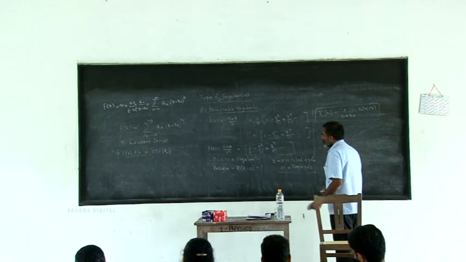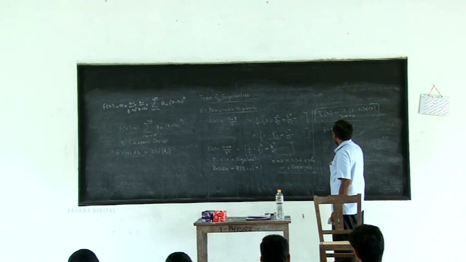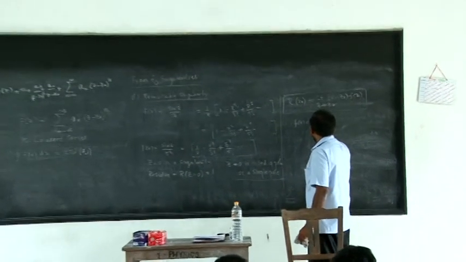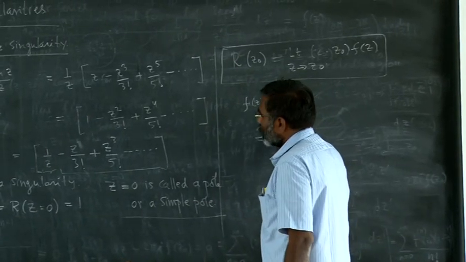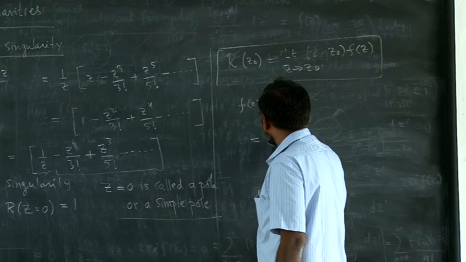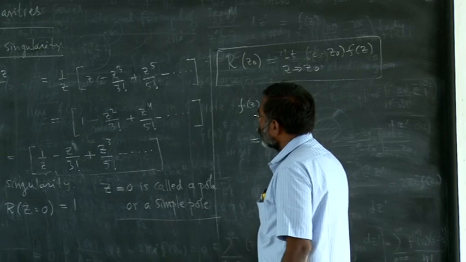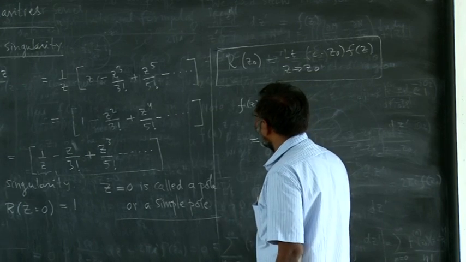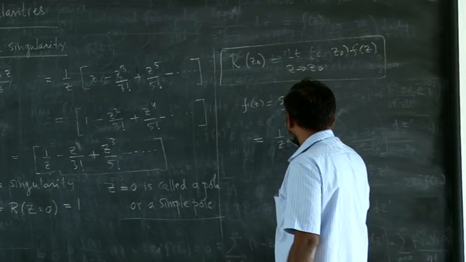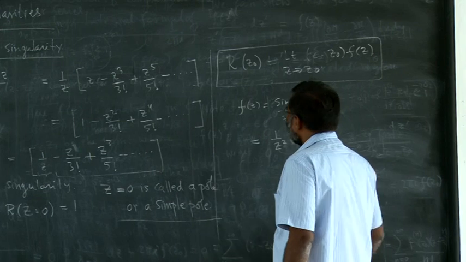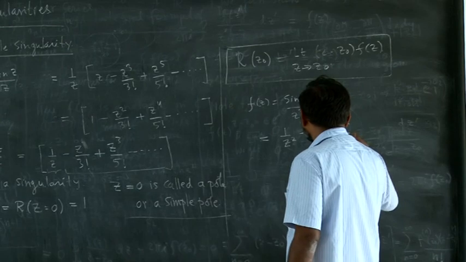For example, if I take f of z is equal to sin z by z cubed, then I will have 1 by z squared minus 1 by factorial 3 plus z squared by factorial 5 and so on.